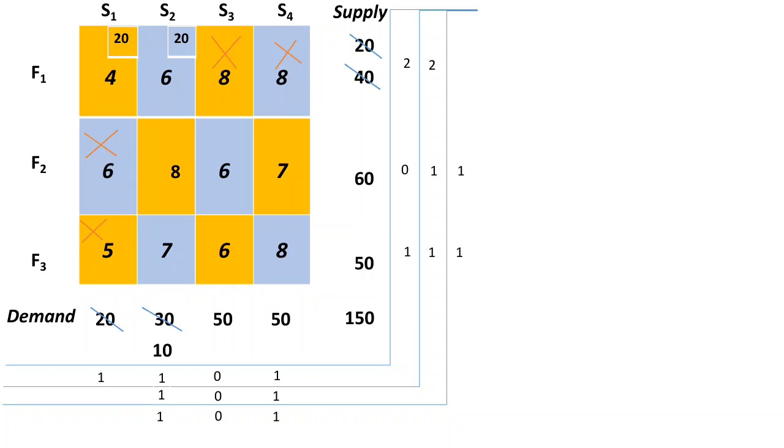Now you can see that there is a tie because we have four 1s here. So now we can arbitrarily choose any one of them. So first of all I do the same step for store 2, that is column number 2 here. So store 2 needs 10 more goods.